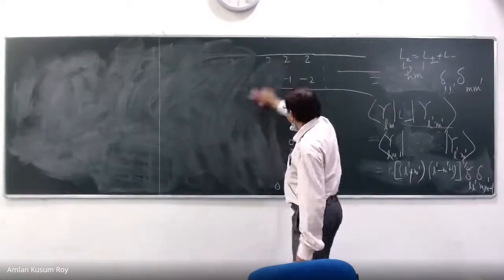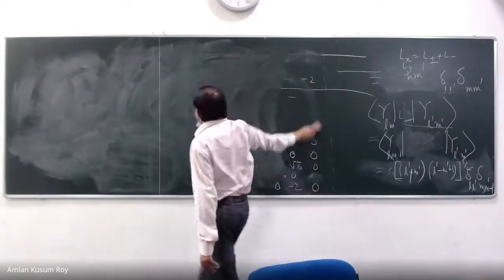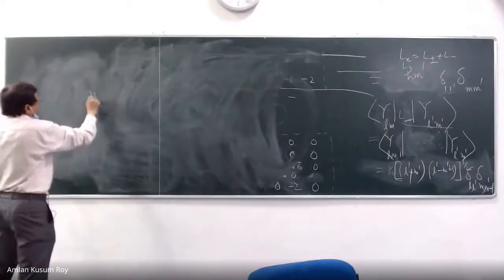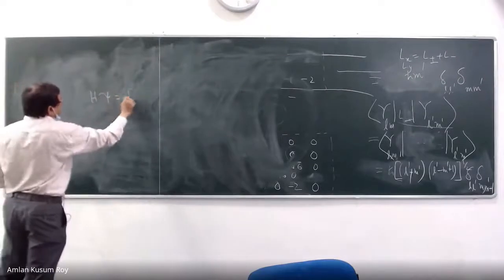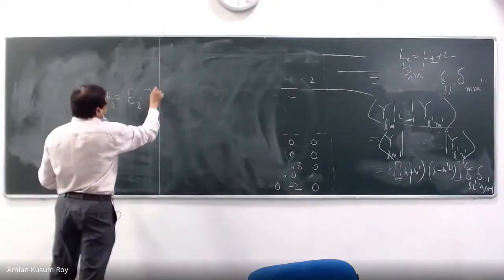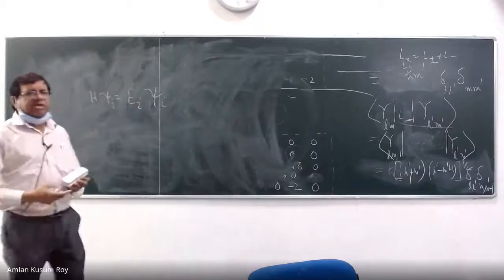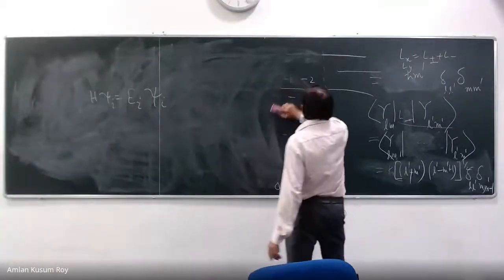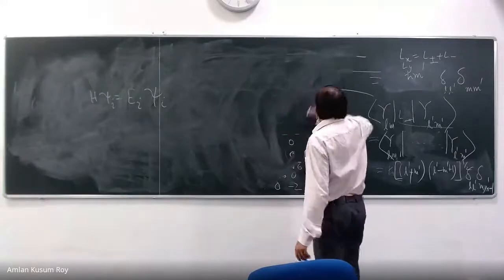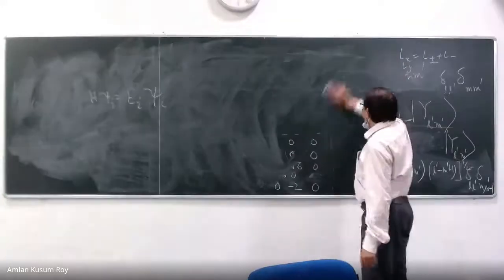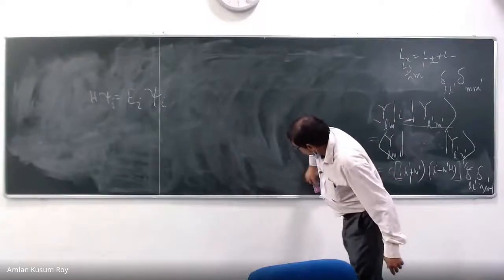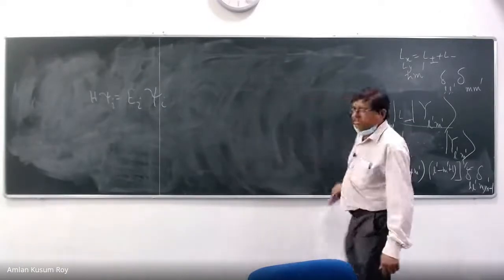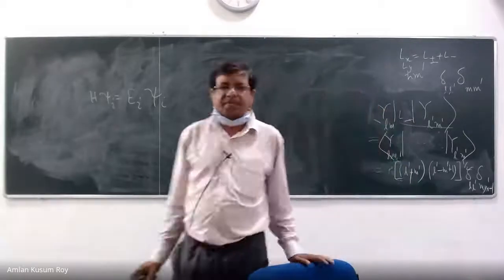When you have to do quantum mechanics, you will solve this equation, but most of the time you will see in many books, and many of you have already seen this term, diagonalization.